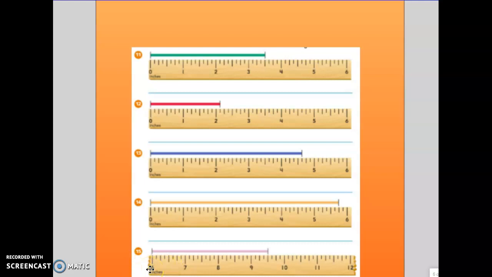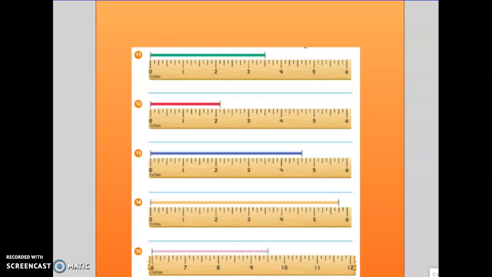It's starting at 6. Okay, so this is 6, 7, 8, 9. But we don't make it to 10. We have 9, and what do you notice? It is halfway between 9 and 10. So it is 9 1/2. And that's how you use your fractions to measure length using the customary units of length.